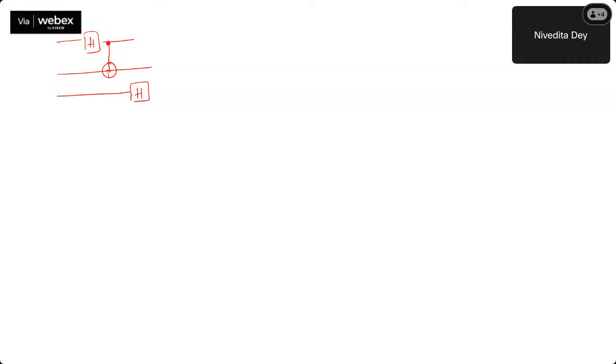We put Hadamard gate on 000. Okay, this is this thing only. We have to do it in this way.